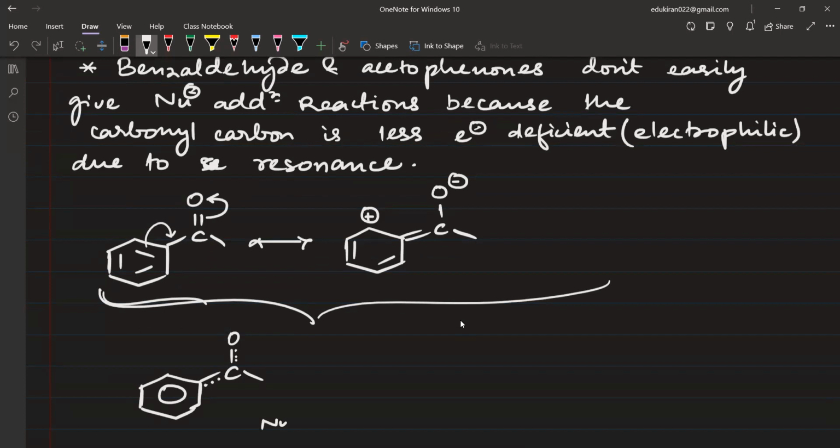So obviously the nucleophile is not going to attack the carbon which is having a partial double bond, because a partial double bond means existence of pi electrons, and pi electrons are obviously electron rich, and that is why the nucleophile cannot attack.